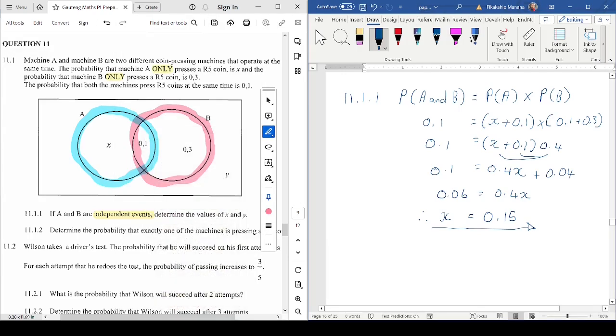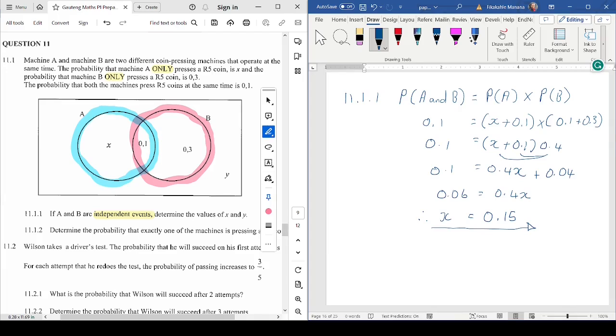Now, how do we get y? We know that y is outside the events A and B, but if we add up all the events, the sample space is always equal to 1, because there's no probability that's greater than 1. So we need to add up all of these and equate them to 1.